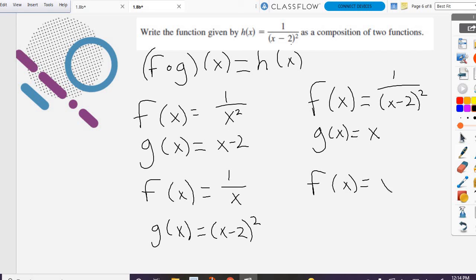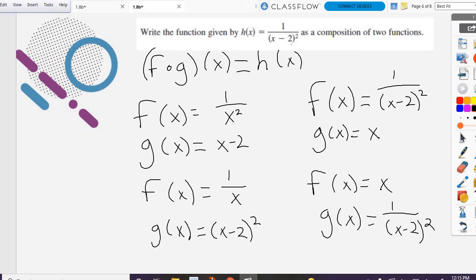So if this was x and g of x was the whole thing, do we get h of x? Yeah, because I'm taking my whole fraction and plugging it into x, and so you end up with the same thing. Now, notice that my other two I couldn't flip, right? If I were to swap these, for the second one I would have 1 divided by x minus 2 quantity squared, right? That doesn't work.